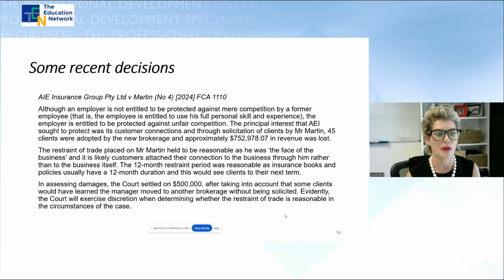So the court still retains that discretion to determine whether or not the restraint of trade is reasonable, but also looking at the type of compensation that is reasonable, because it's not just a lift and shift. You took this, this many clients followed you, and we should get all of that revenue, because there are some clients who would have found out that Mr. Martin had moved, and without any kind of prompting on Mr.